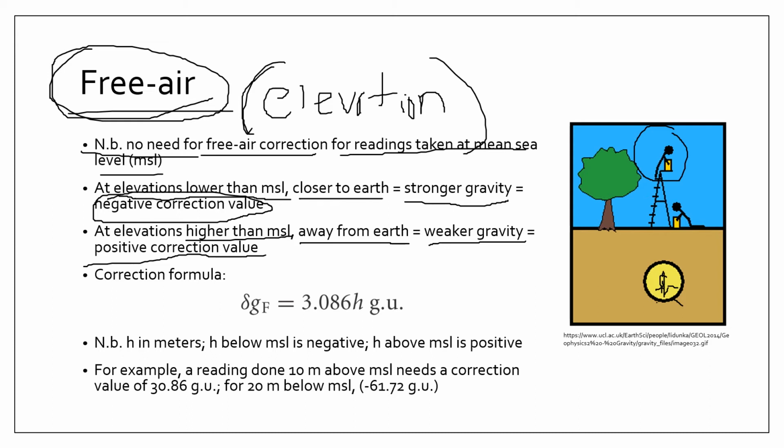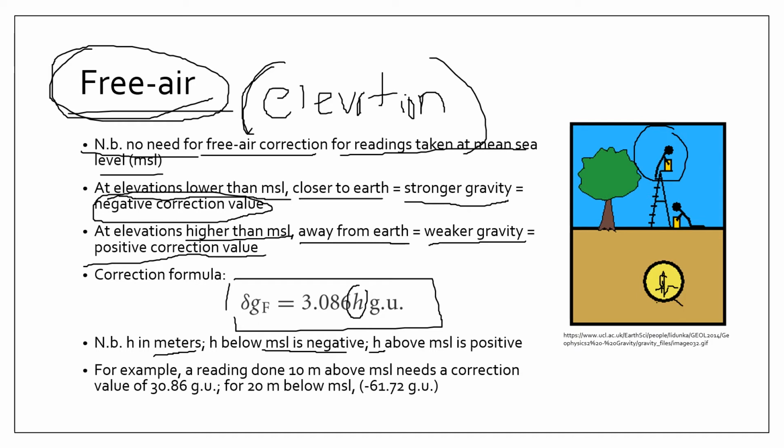All right. So the correction formula in here is this. You just multiply the height in meters by 3.08 gravity units. Any elevation above sea level is positive, and any elevation below sea level is negative.